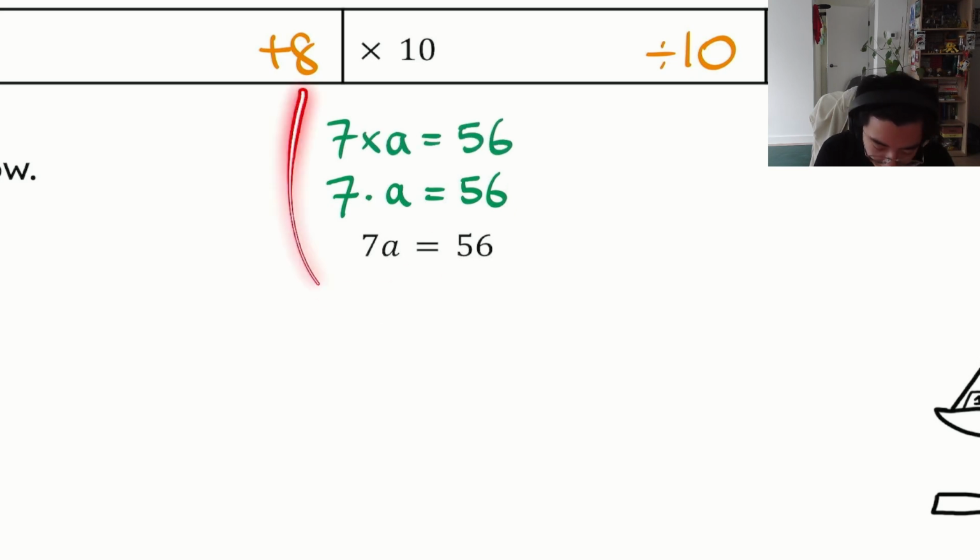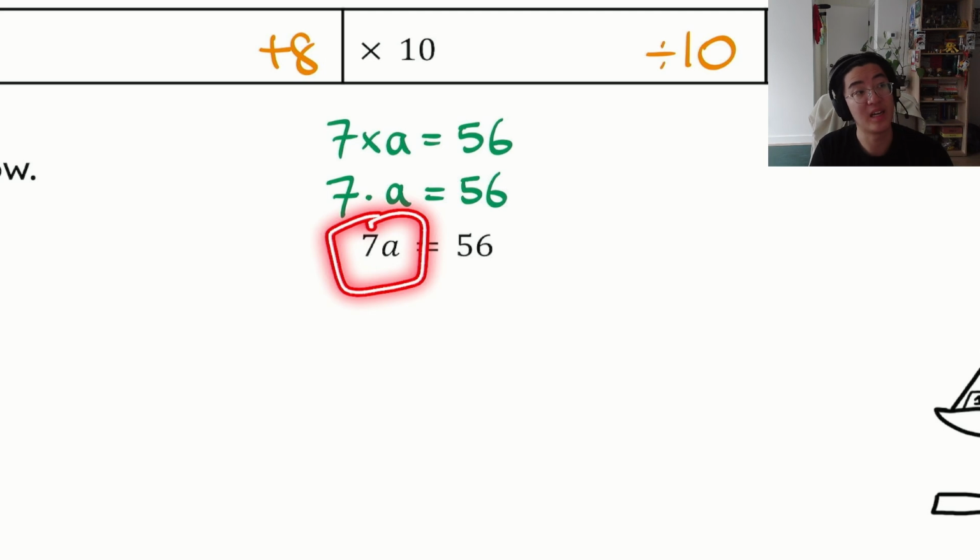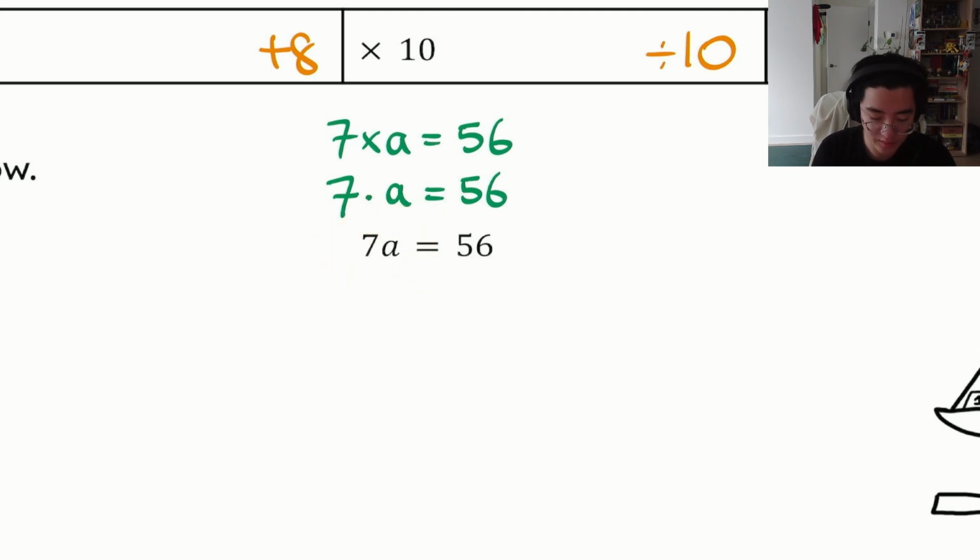So all three of those mean to multiply. 7 dot, this dot right here means to multiply. Of course, there's the multiplication sign. If you do not see a sign between a number and a variable, that also just means to multiply. The reason why we don't write the multiplication sign here is because it looks like x. This looks like 7xa. That's the reason why we don't actually write it all the time. But anyways, 7 times a equals 56.